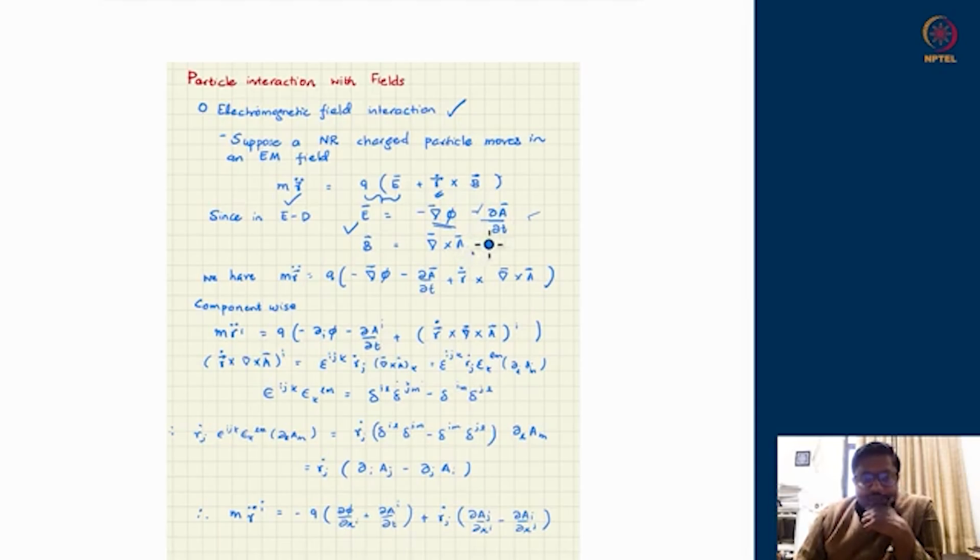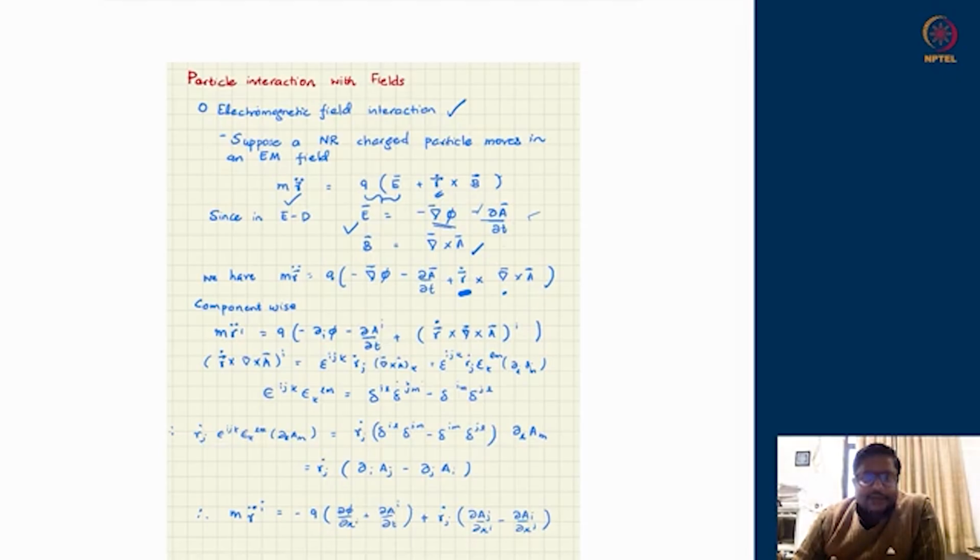Now we can see that we have overall the equations of motion written in terms of the vector potential and the scalar potential as this, where I have a gradient term, then there is an electric field term which is also made up of del A upon del t, and then there is a v cross B term which I have written as the r dot term over here, and the magnetic field term which is a curl, curl of A. Now this is a vector equation. A vector acceleration is written in terms of vector forces.